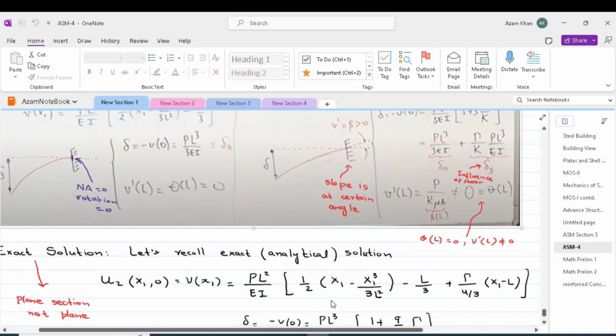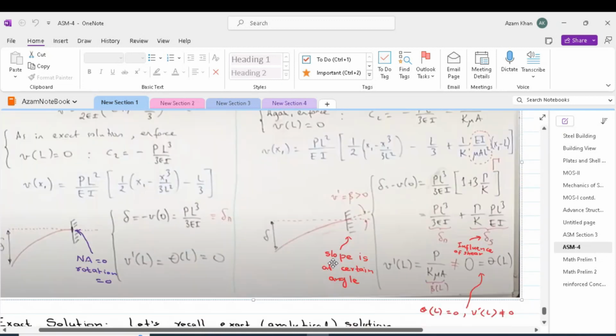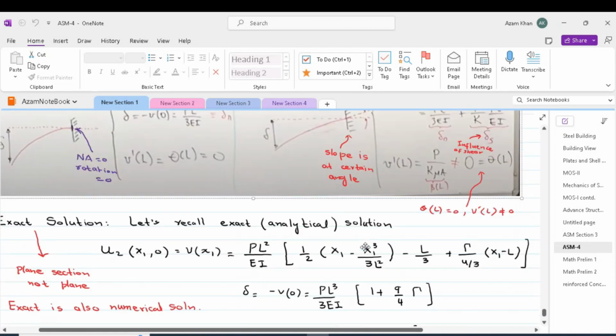So one thing we can conclude is that the Timoshenko beam theory gives us a more exact solution as compared to engineer's beam theory. And if we use an appropriate value of K in our Timoshenko beam theory, then it's possible that we get a close answer to the exact solution from the theory of elasticity.